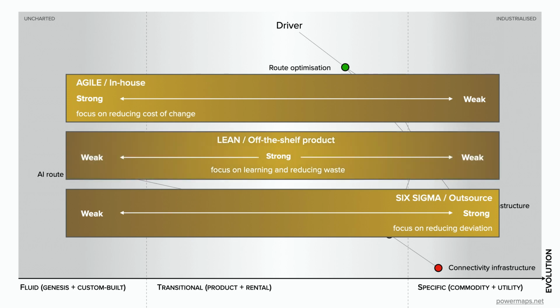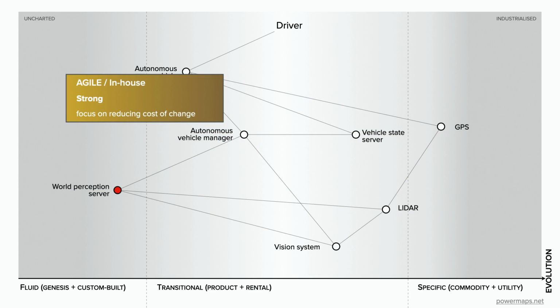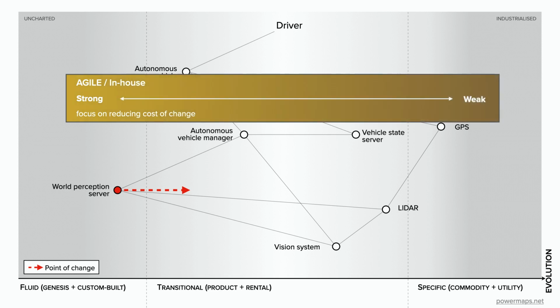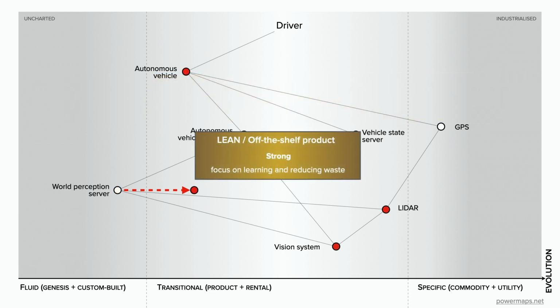You should now be realizing that the right method to use depends on the evolution status of the components. For a novel component on the left of the map, you'll experiment with Agile methods, but as the component evolves and there's more certainty about it, then Agile methods become less useful. Lean methods, or buying a finished product, are more appropriate as your focus now should be on a more efficient use of the component for greater profitability.